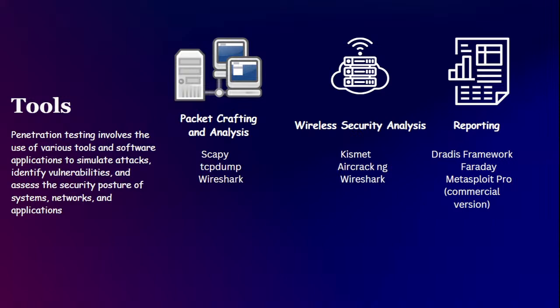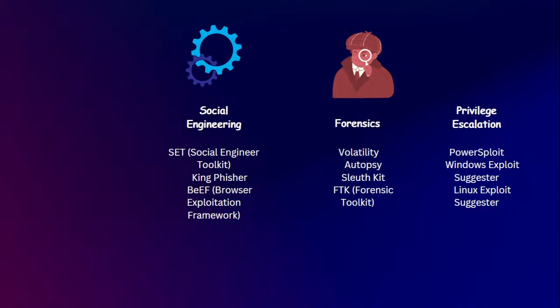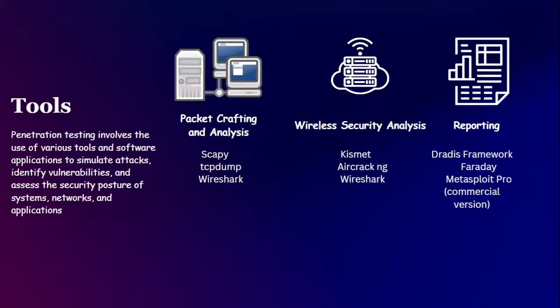Now we have wireless security analysis, and lastly is reporting. You can see that Wireshark is used in various ways, like for packet analysis, for network checking, and also for wireless security analysis.